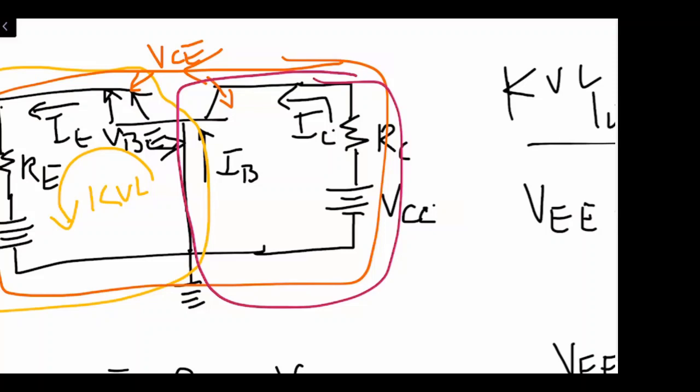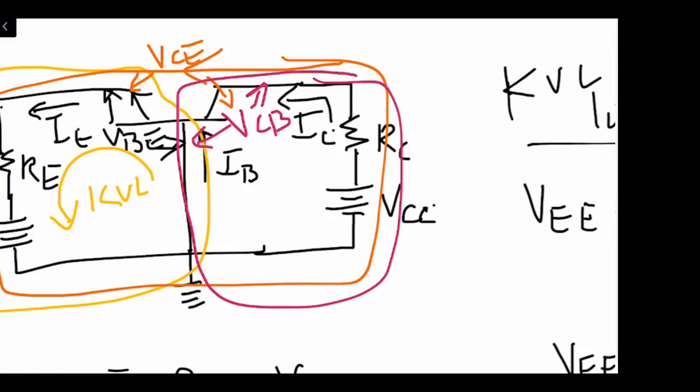And applying KVL to this loop, we have something more over here, which is the drop between the collector and the base junction, which is VCB, right?